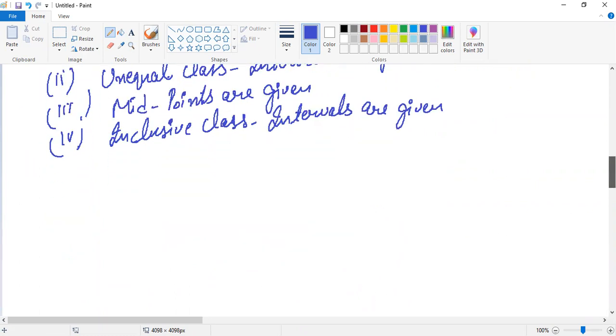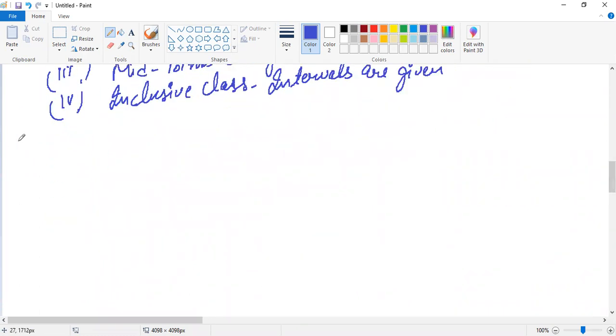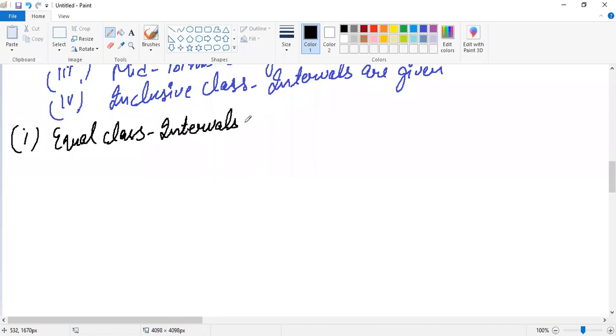Okay, students, now the first case we will discuss: equal class intervals are given. In case of equal class intervals, the height of each rectangle is taken equal to the frequency of the corresponding class.